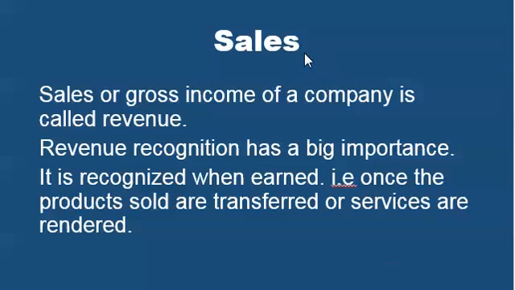So what are sales? Sales or gross income of a company is called revenue. Revenue recognition has a big importance. It is recognized when earned. That is, once the products sold are transferred or services are rendered.